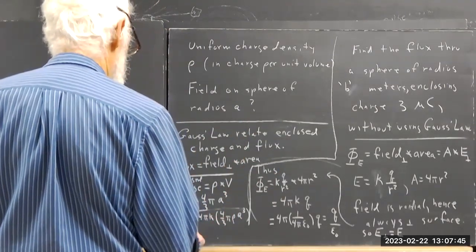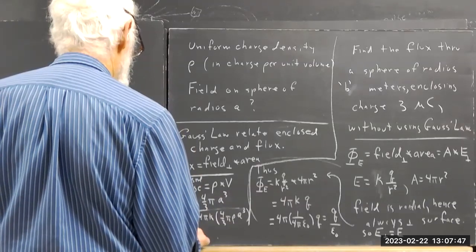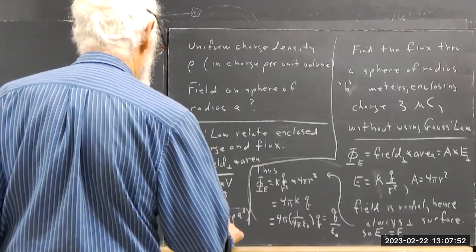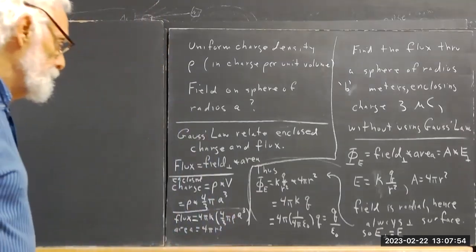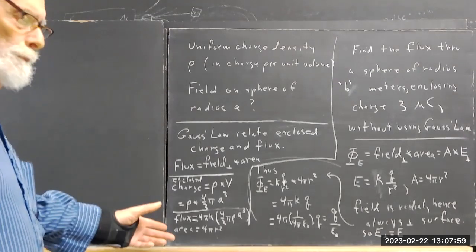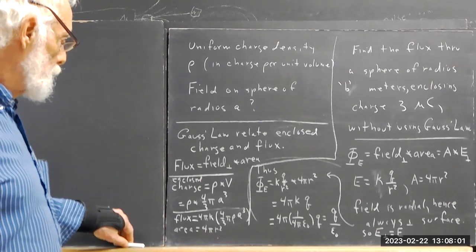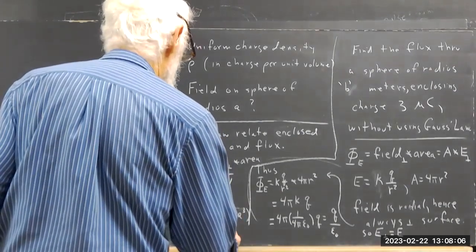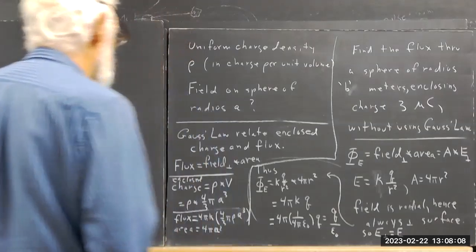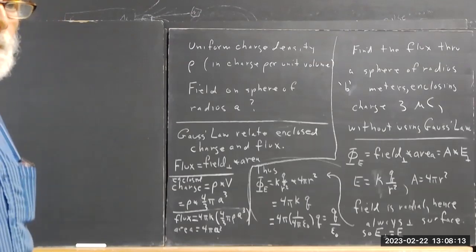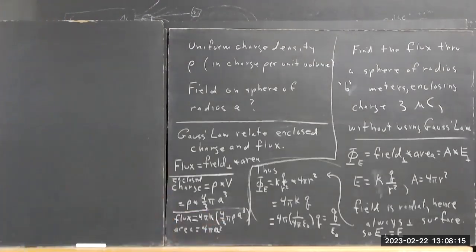And the area is 4 pi r squared. Okay. So now, once more, either confirm or correct: it's 4 pi a squared. So what's the field? Write it out. Compare it with what you have.